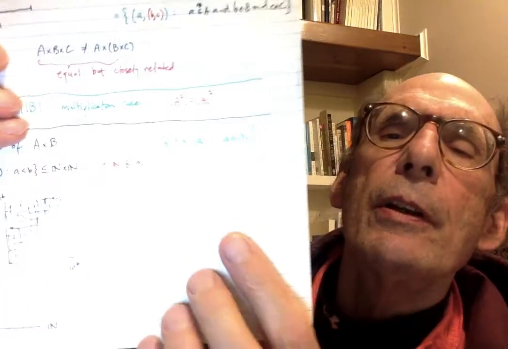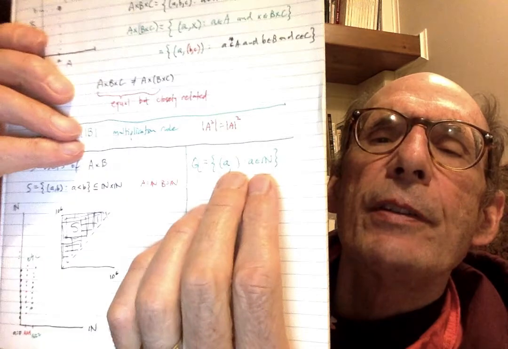So far, so good. But wait, I've only specified one set here. So what's going on? That's because I'm going to make the second component, the second part of the ordered pair, a function of A. So I'm just going to use A squared.